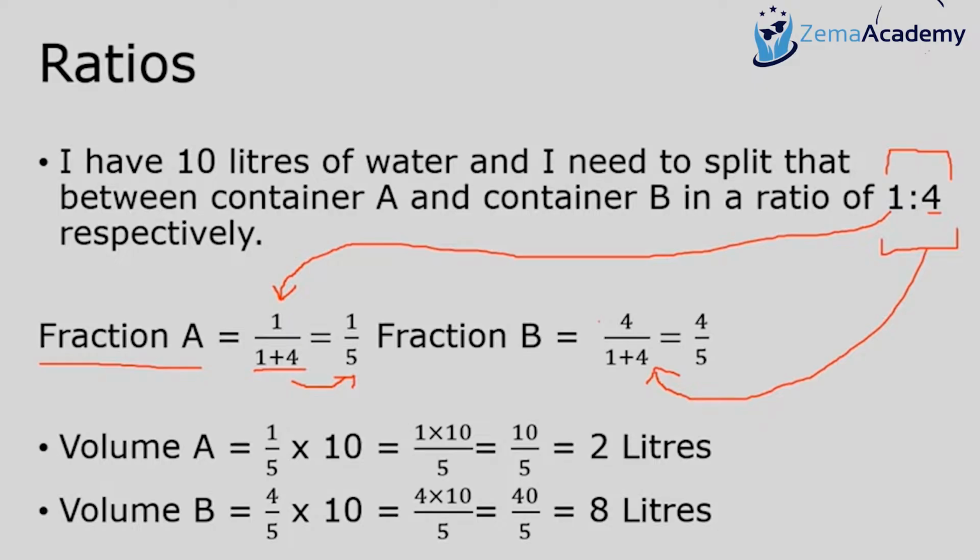That equals 1 times 10 over 5, which equals 10 over 5, which equals 2 litres. For volume B, that goes into container B, I take the fraction for B, 4 over 5, and multiply it by 10. That becomes 4 times 10 over 5, which becomes 40 over 5, which equals 8 litres. So now I have split 10 litres in the ratio 1 to 4 for containers A and B.